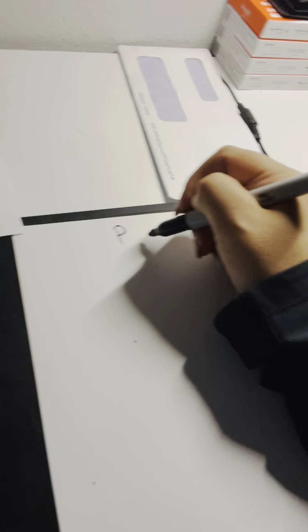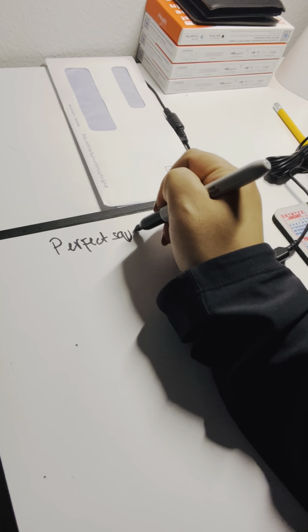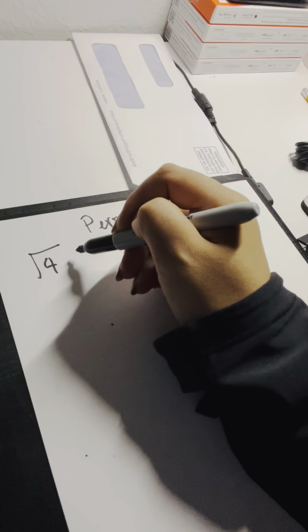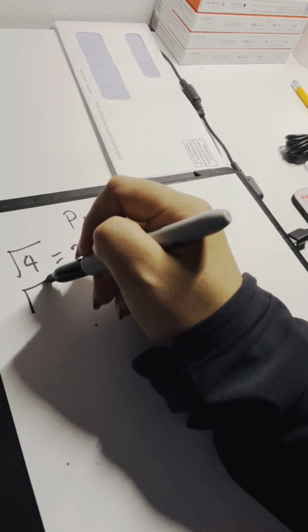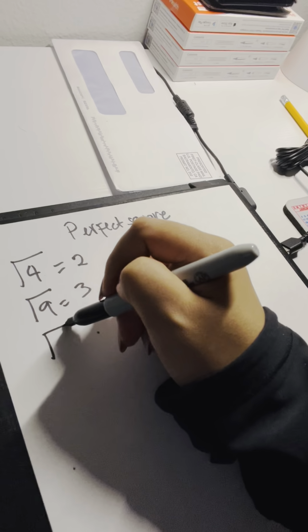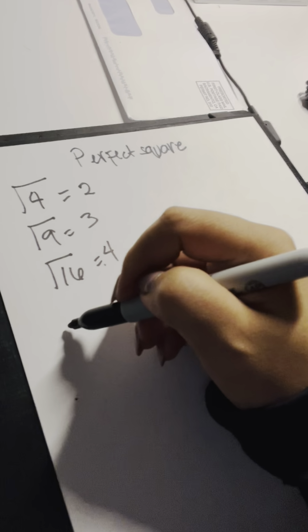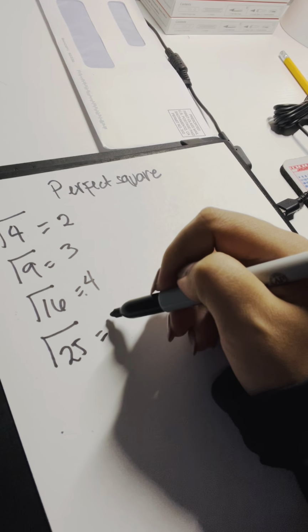A few examples of a perfect square: the square root of 4 is 2, and the square root of 9 is 3. The square root of 16 is 4, and the square root of 25 is 5.